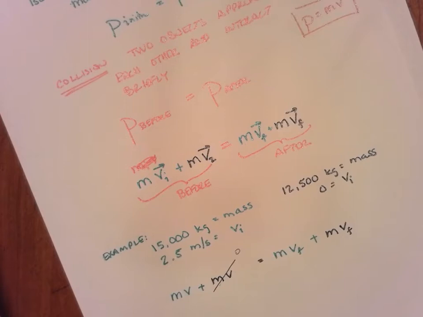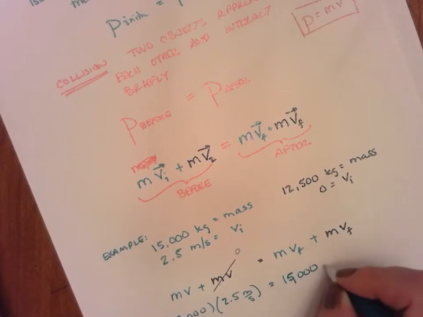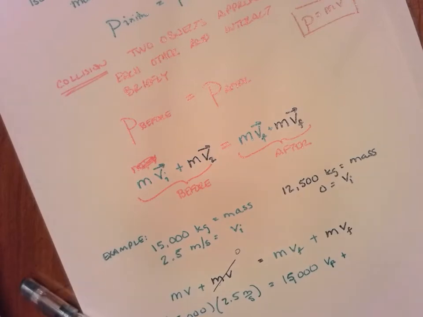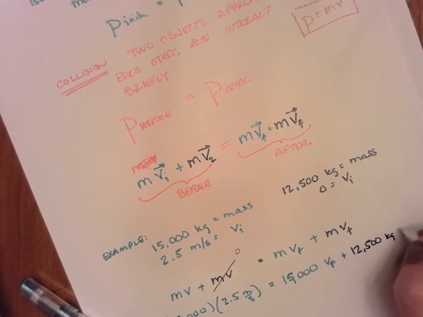So I have 15,000 kilograms times 2.5 meters per second is equal to 15,000 kilograms times the new velocity plus 12,500 kilograms times the new velocity.